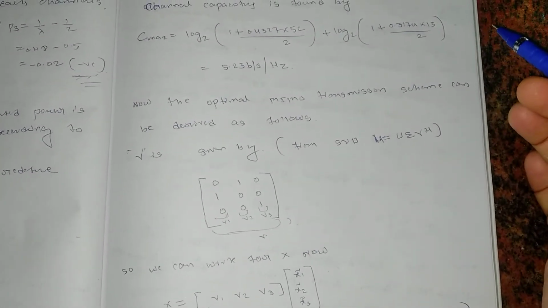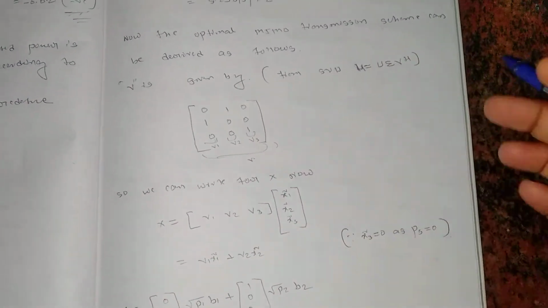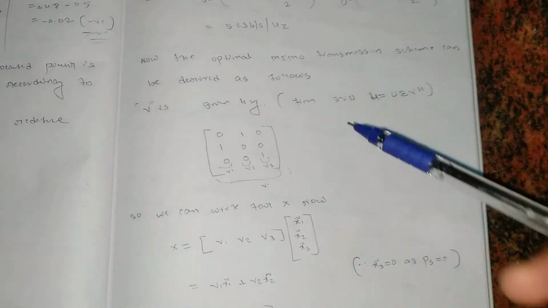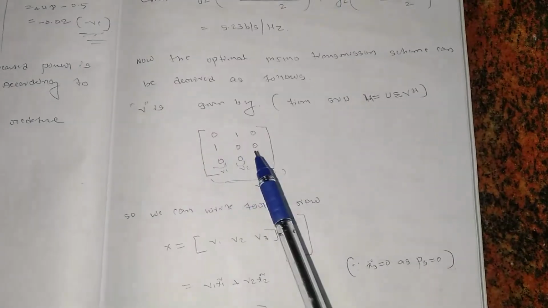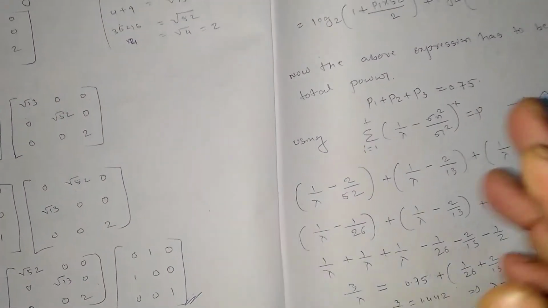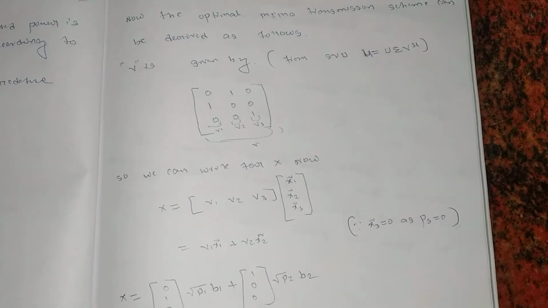So next, the MIMO transmission scheme can be derived. So I have got the V matrix here from the SVD, 0 1 1 0 0 0 0 1. So I'm getting it from here, right? You can see V1, V2, V3 are the three vectors, they are independent vectors.